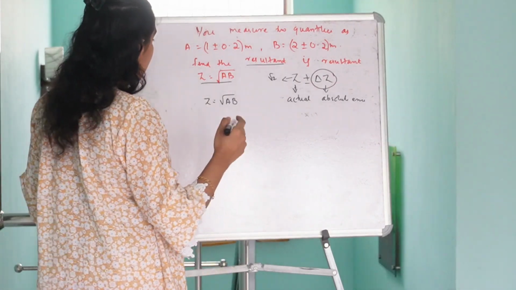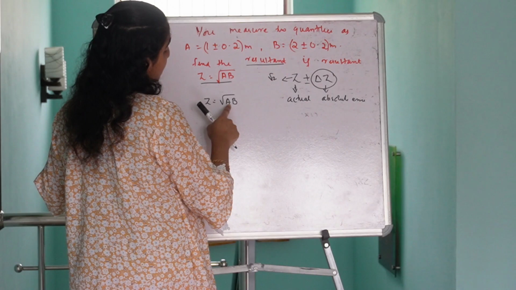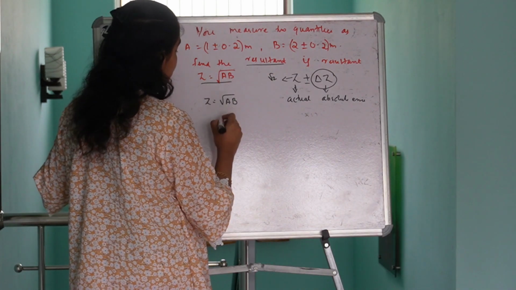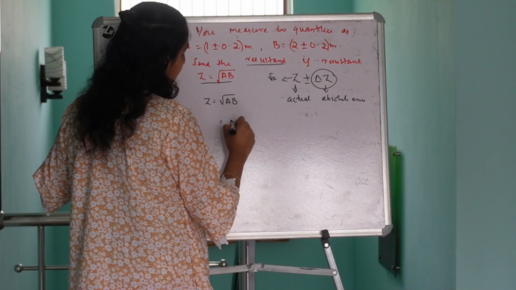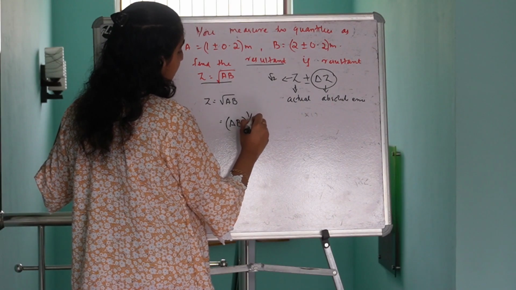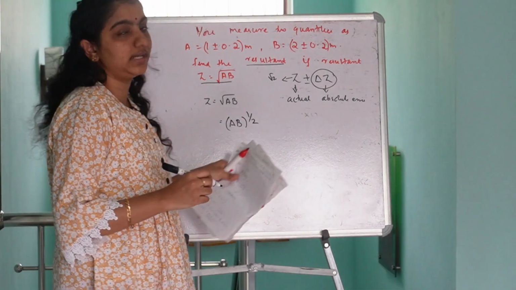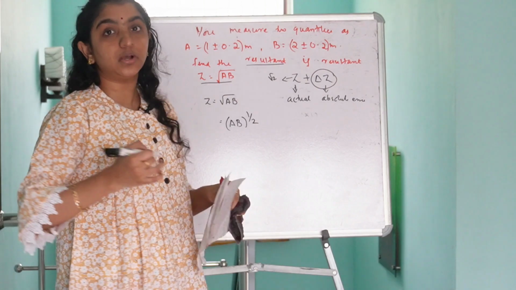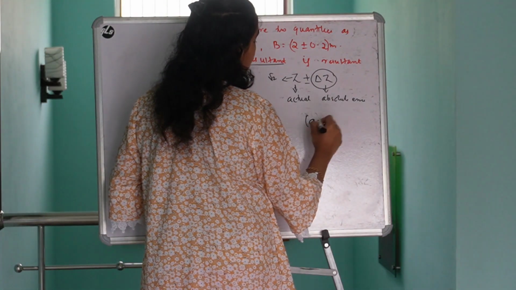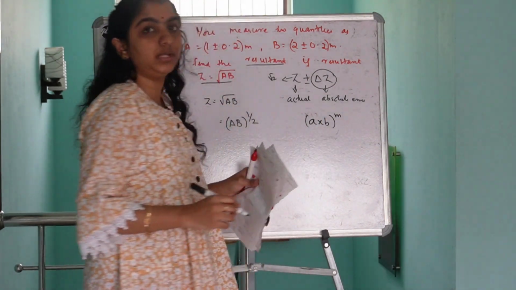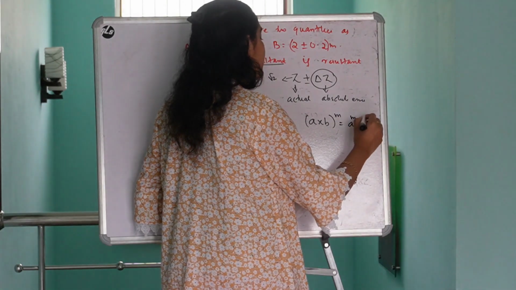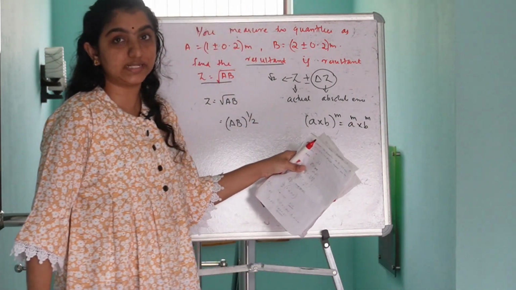So how do we find it? It is given Z is equal to root of A into B. We can otherwise write this root AB as AB the whole power half. We know A into B the whole power m is equal to A power m into B power m, these are basic maths.